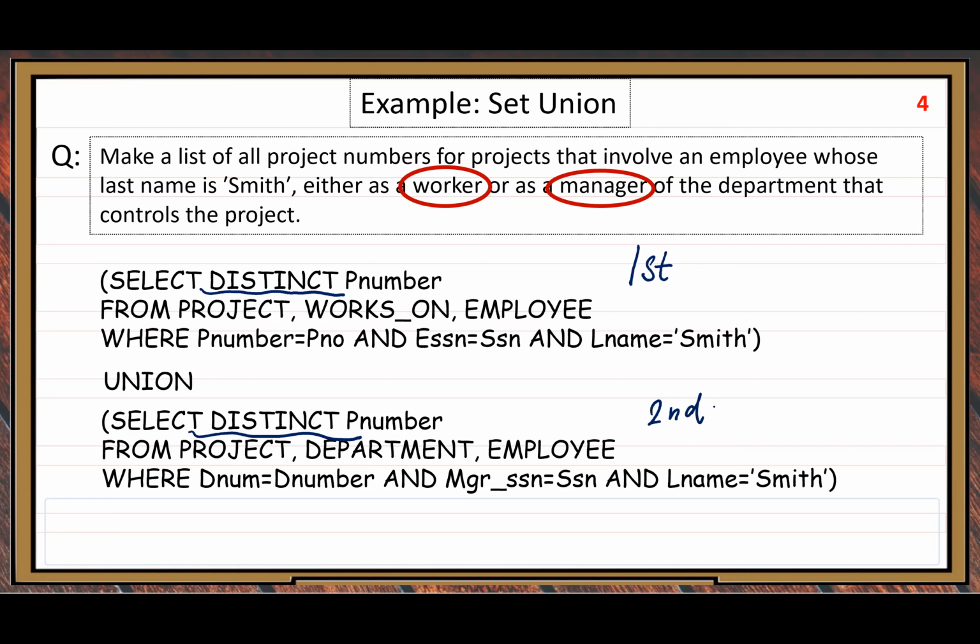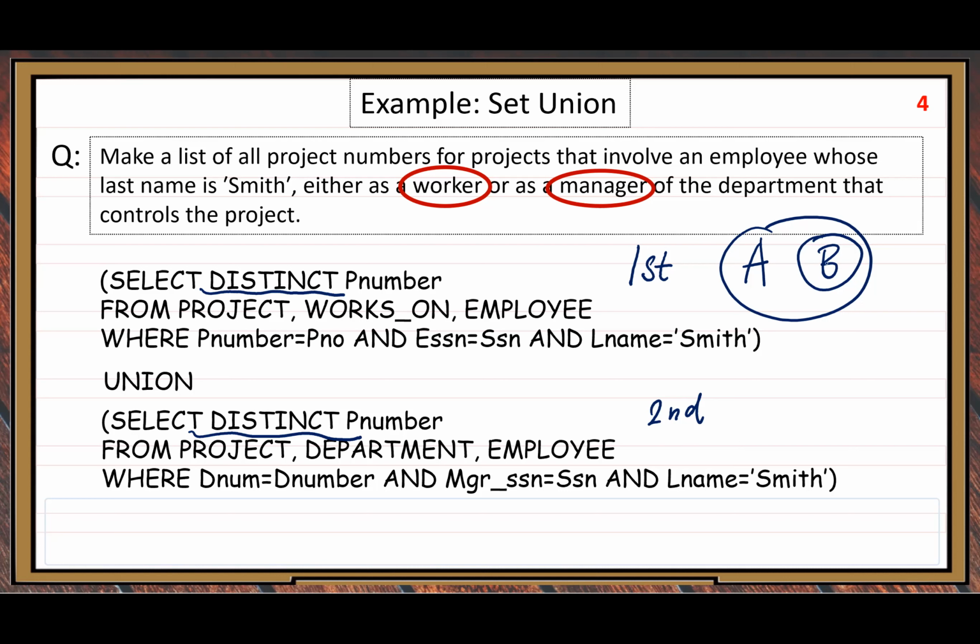Think about it logically. We know a manager is also an employee, a special employee. So probably the first half already contains the second half. Is it possible that the first part is A, the second part is B, and B is inside the first part? There is a possibility. I don't know.